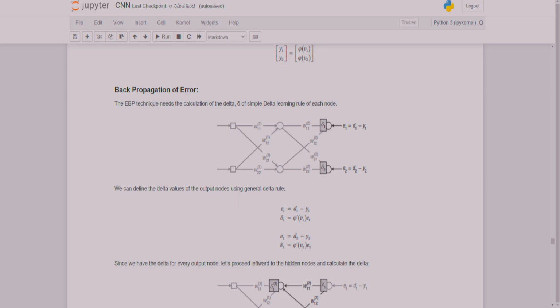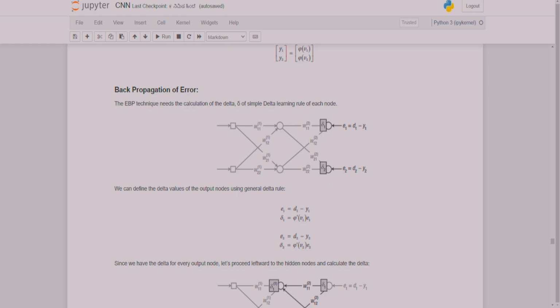That gives delta values corresponding to the output, which are directly implemented in the delta learning rule. But there are many other weights connected to the hidden layers or the layers before. So I have to find a technique to update those weights. Our approach will be calculating a delta of the previous layers as well.